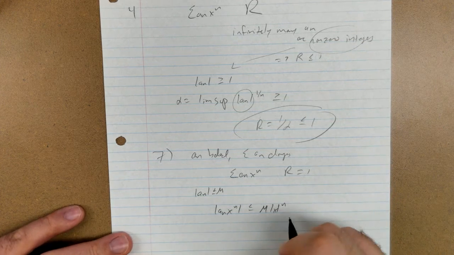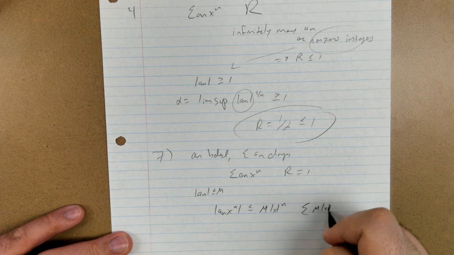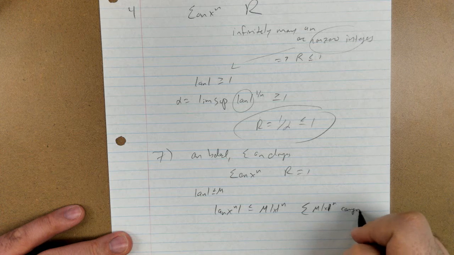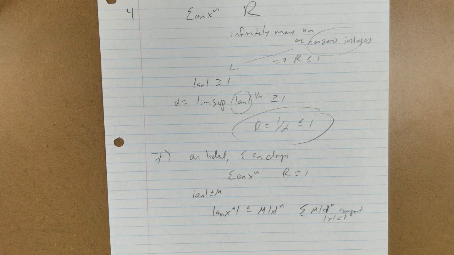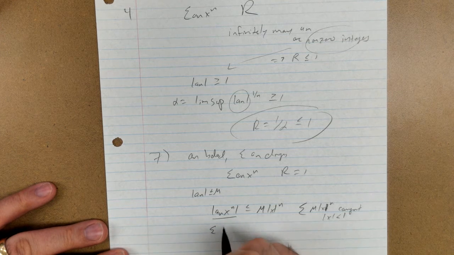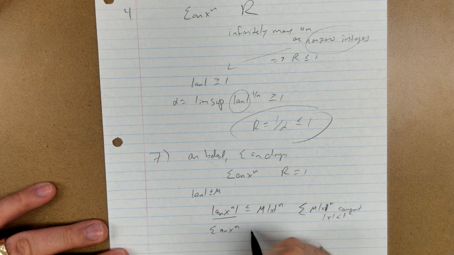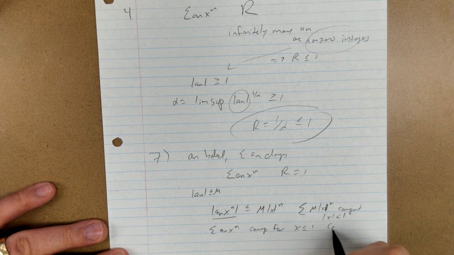If you think about this series, this is convergent for |x| less than 1, because it's basically a geometric series, right? So that implies that the original is absolutely convergent, so this would converge for |x| less than 1. That was the comparison test.